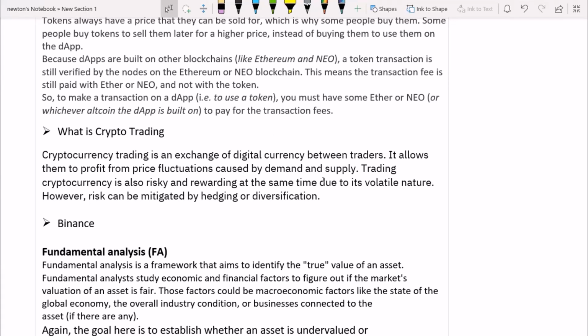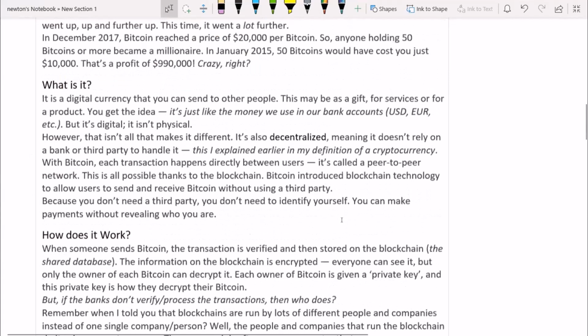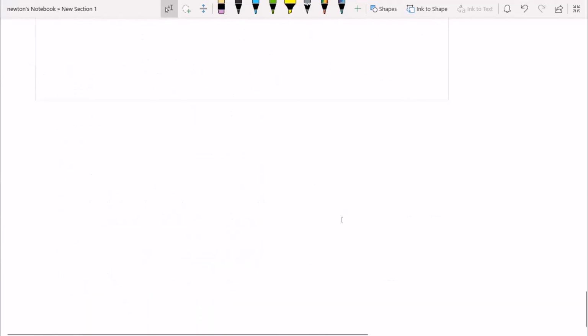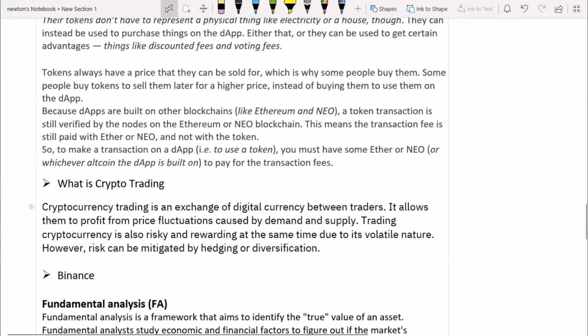Now that we know about cryptocurrency and crypto trading, we want to move on to where all of these activities can actually take place. We have what we call exchanges.